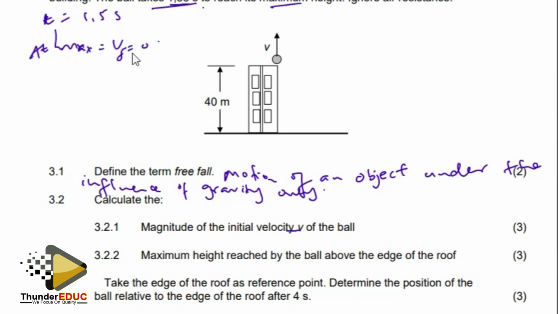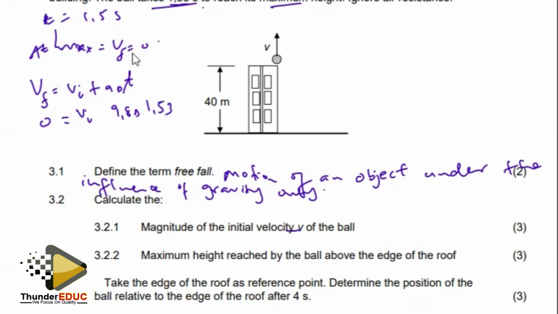So I can use the first equation of motion: V final is equal to V initial plus a delta t. My V final is 0, V initial is what I want, and g is going to be 9.8 multiplied by 1.53.